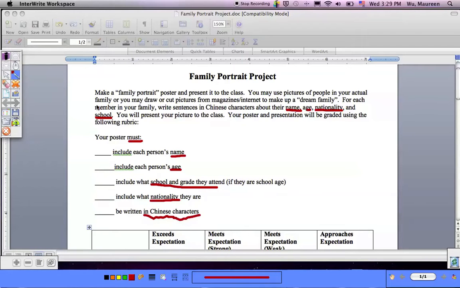Once you're done with your poster, come back to this checklist. Make sure you have all these things and check it off as you go along.